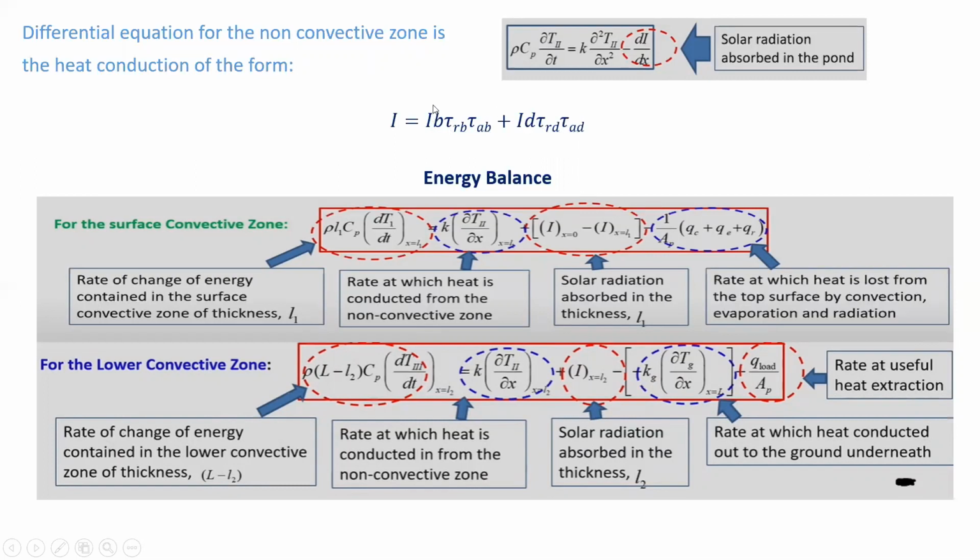IB is the beam radiation and ID is the diffuse radiation intensity. rB is the transmittivity due to reflectivity of beam radiation, aB is the transmittivity due to the absorption of the beam radiation, rD is the transmittivity to the diffuse radiation, and aD is the transmittivity due to the diffuse absorbed radiation.